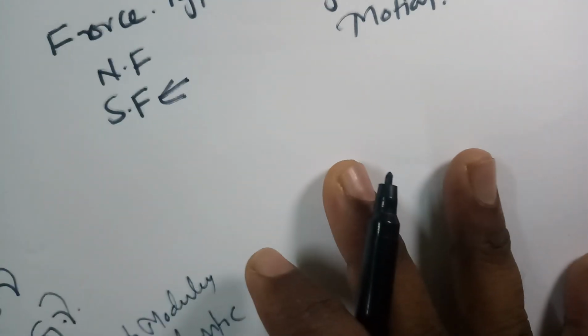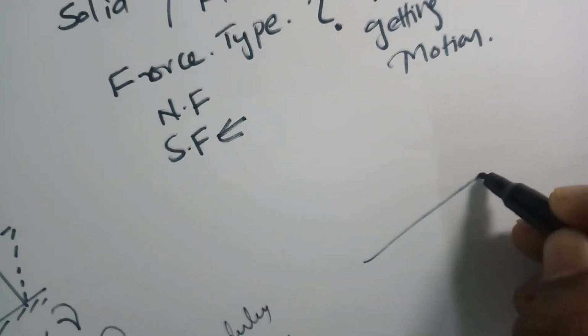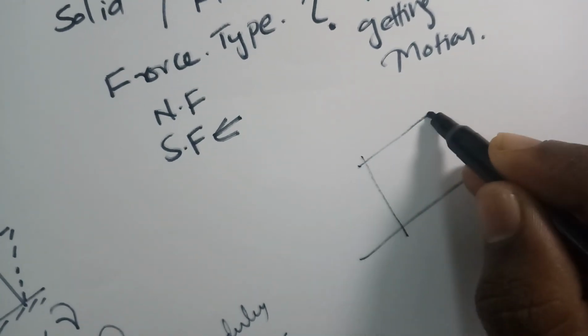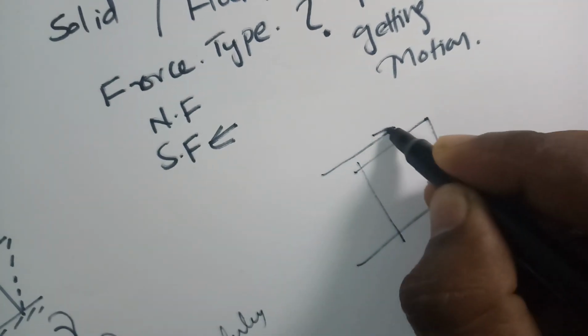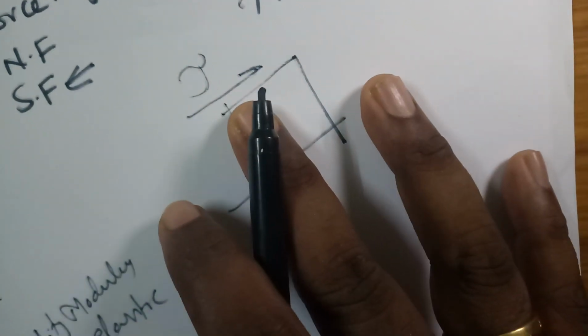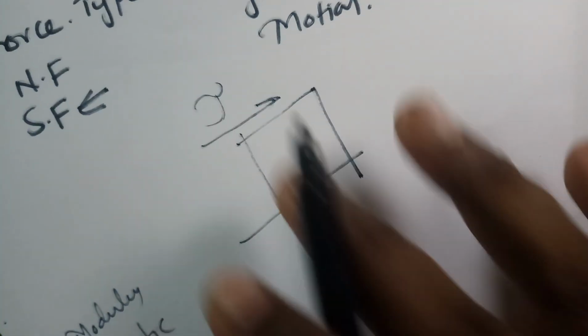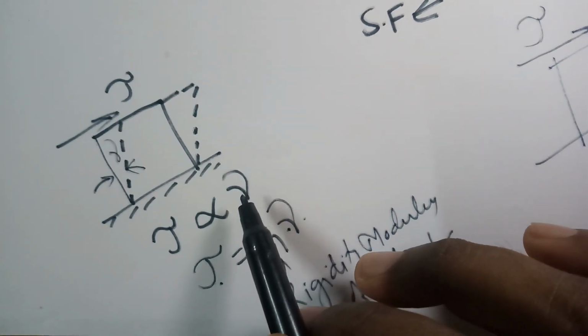Now what will happen if you do the same thing on a fluid? If you take a fluid like this and apply a shear force on it, what will happen? In the case of solids, the shear strain is a constant thing.